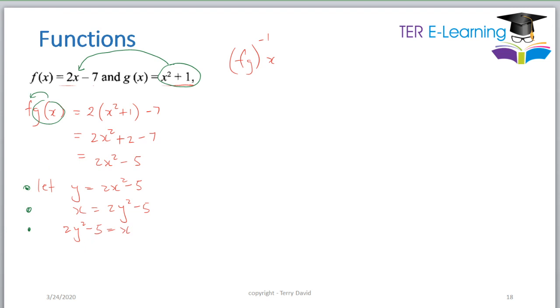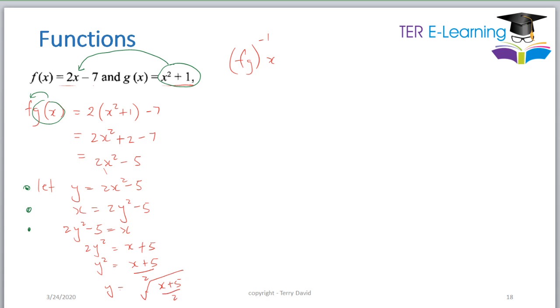And the next step is to basically make y the subject. So this becomes 2y squared is equal to x plus 5. Therefore y squared is equal to x plus 5 over 2. So therefore y is equal to the square root of x plus 5 over 2.